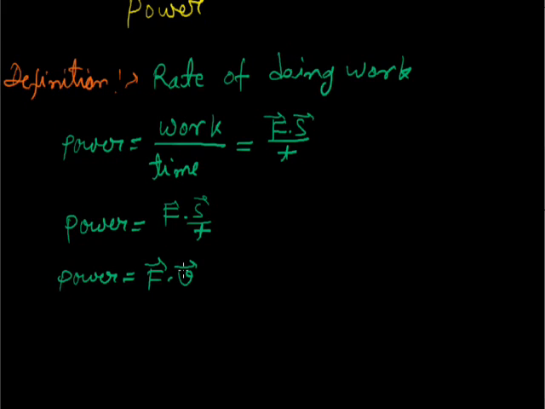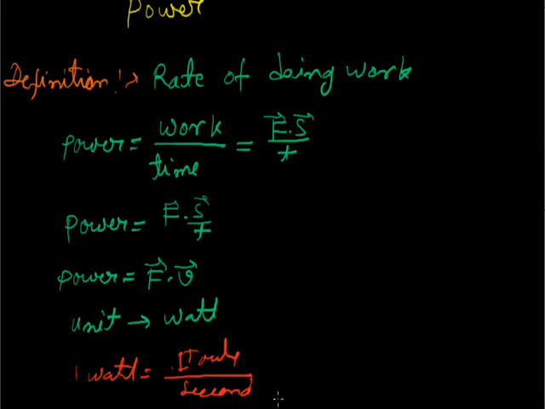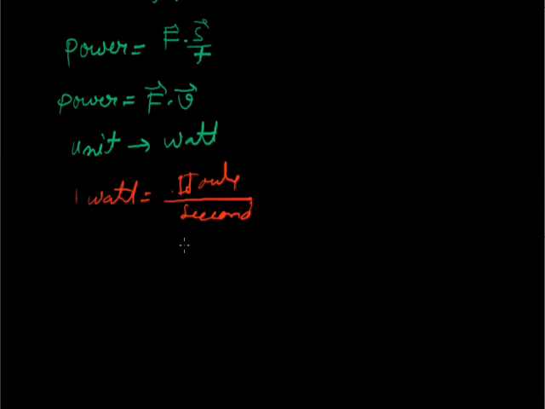The unit of power is watt. So we can make a relation: 1 watt is equal to 1 joule per second. And we can also take the unit of power in other forms, like 1 kilowatt is equal to 10 to the power 3 watt.